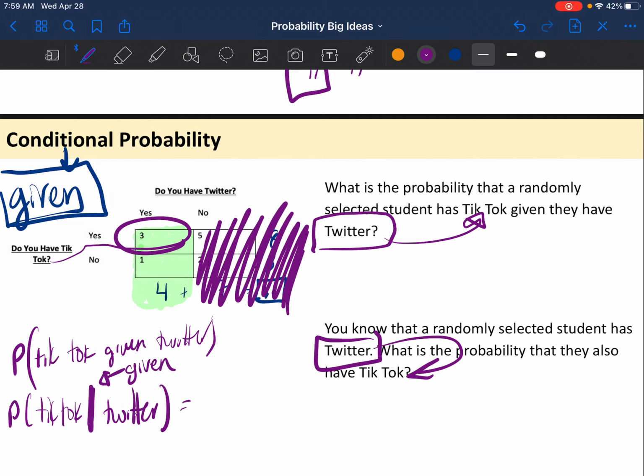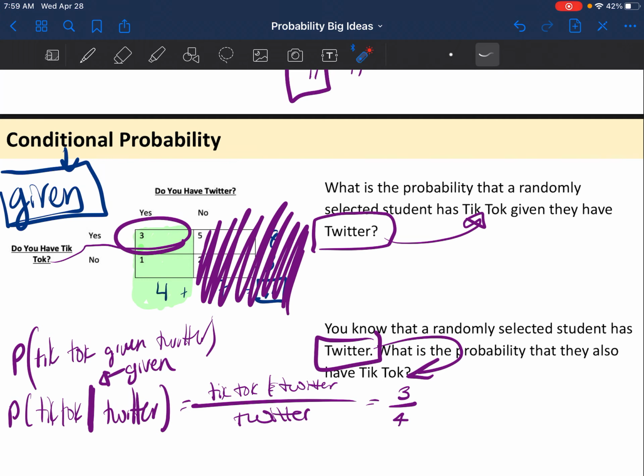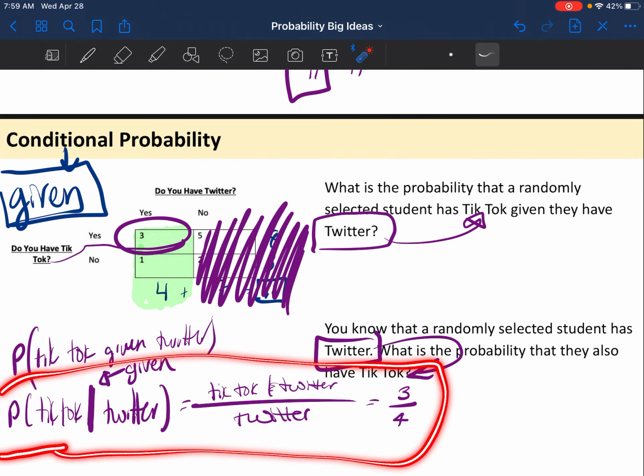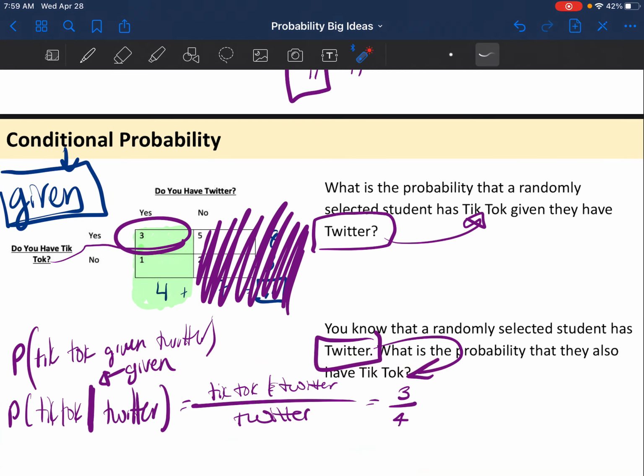And so I'm looking for how many people have TikTok and Twitter out of how many people who have Twitter. So how many people have TikTok and Twitter? 3. And how many people have Twitter in general? 4. So same way that I just found it using my highlighting here, I can find it using the probability statement.